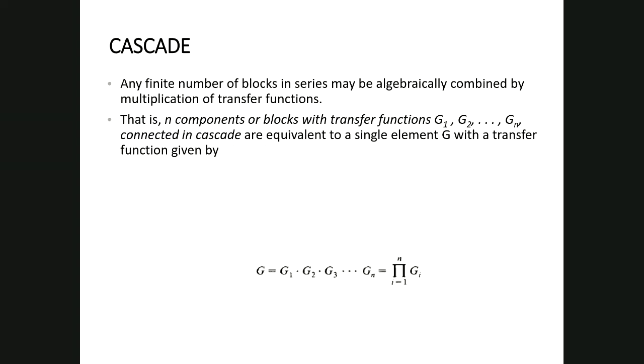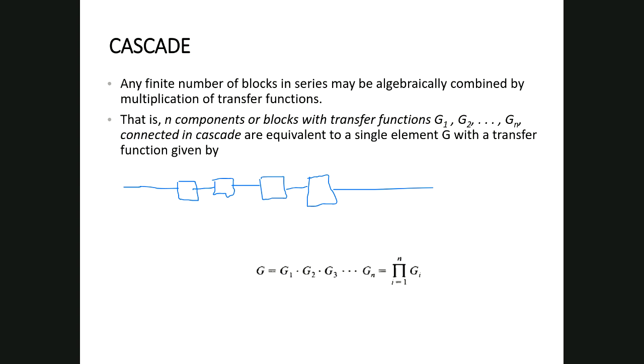So let's start. The first thing we are going to be looking at is what we call cascade. When we say systems are in cascade, that means they are connected in series. So this is the interconnection of systems.